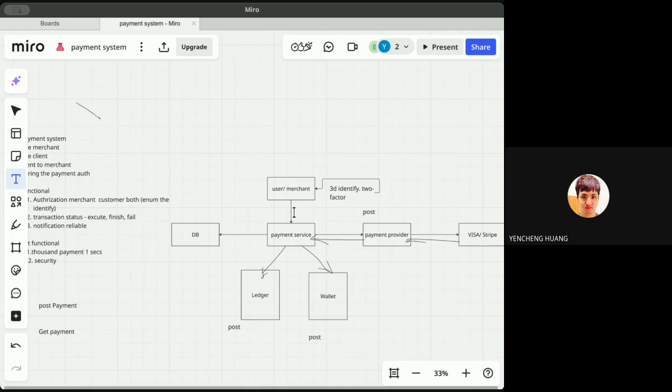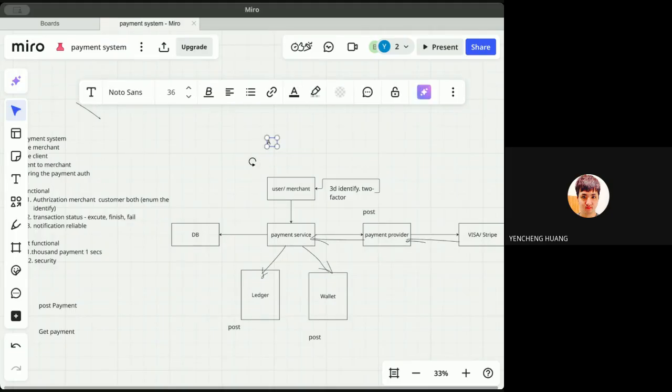I think I need to define the system is asynchronous through the data flows. And I don't need to wait for this one. And besides that, I need to use Kafka to receive all the messages.